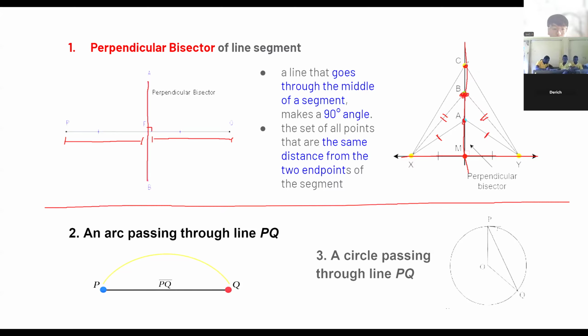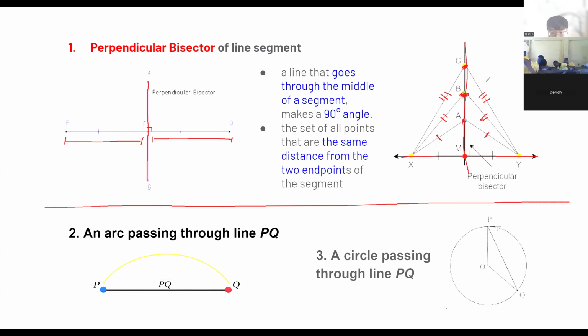And point C is also on the perpendicular bisector, right? That means this distance from X to C is equal to this distance from Y to C. That is just the property of perpendicular bisectors.